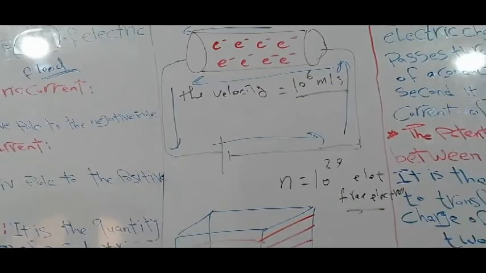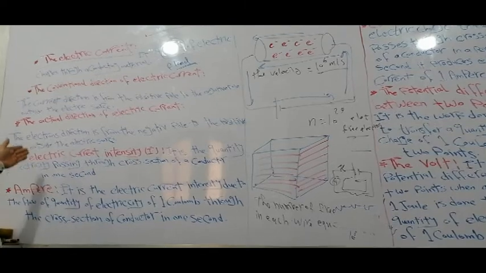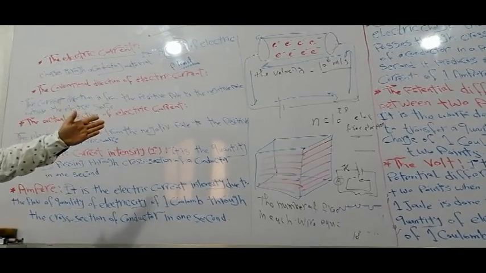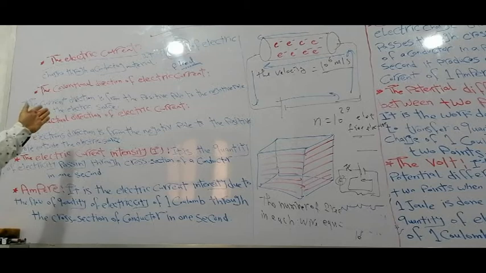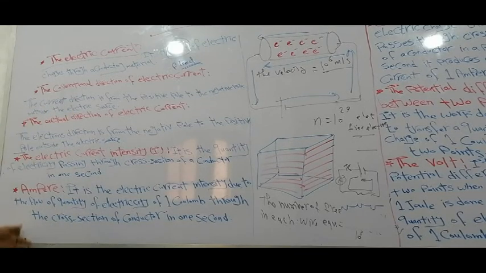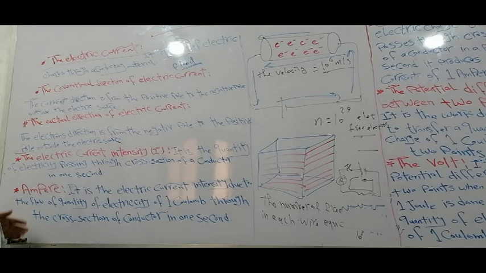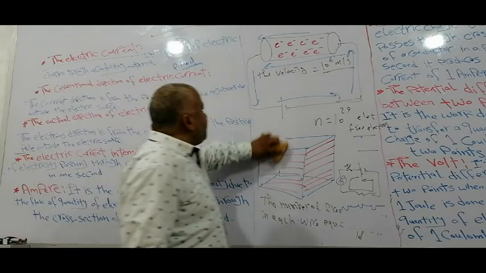The direction of current. There are 2 directions of the current. Conventional direction of electric current: the current direction is from the positive pole to the negative pole. The actual direction of the current, the electrons' direction, is from the negative pole to the positive pole outside the electric source.